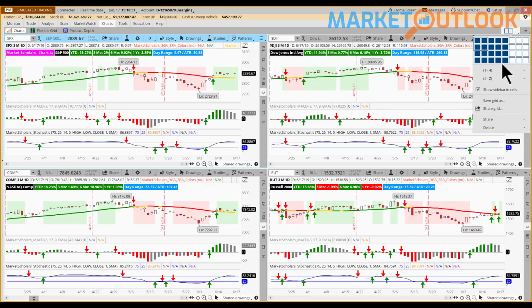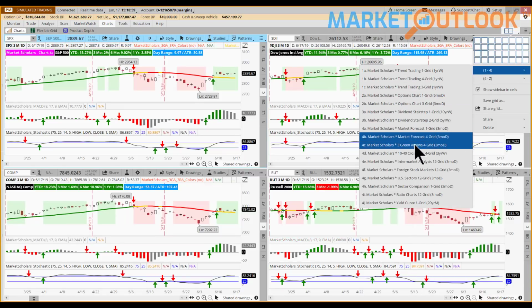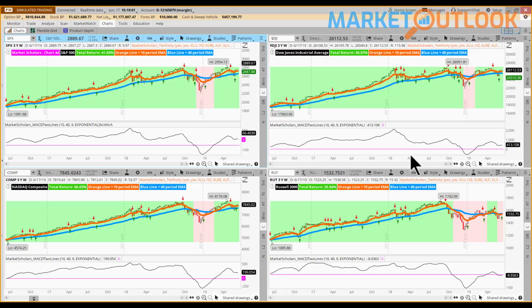Let's go ahead and now take a peek at our next chart setup, which will be our 1040 crossover method chart, and this will be chart 4D. As you're looking at this particular chart setup, the only thing worth mentioning is down below in the lower right-hand corner, that's our Russell 2000 again. That's the only one that has a pink background color on this chart setup. Remember, this is a longer term chart.